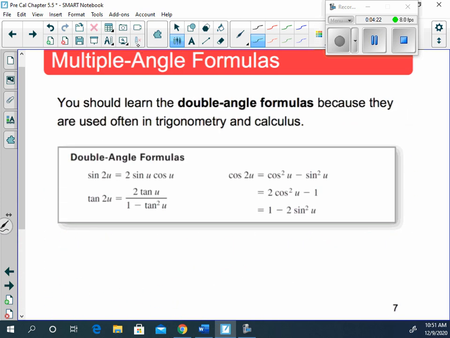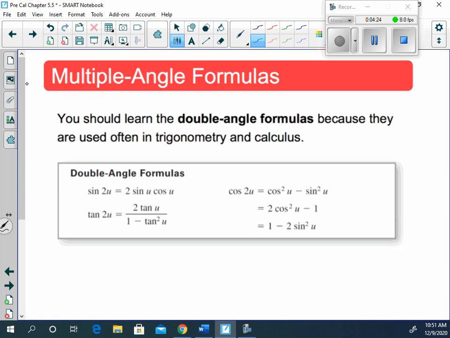Now, again, always the big question is, why do these matter? Well, now if I know twice an angle, because for the most part, I mean 30, 45, 60, 90, if we were restricted to just those, then this would be a little bit more helpful.